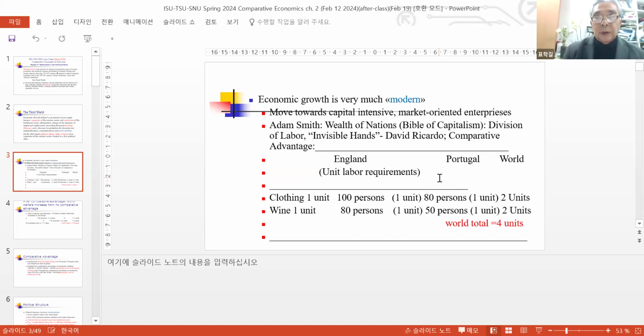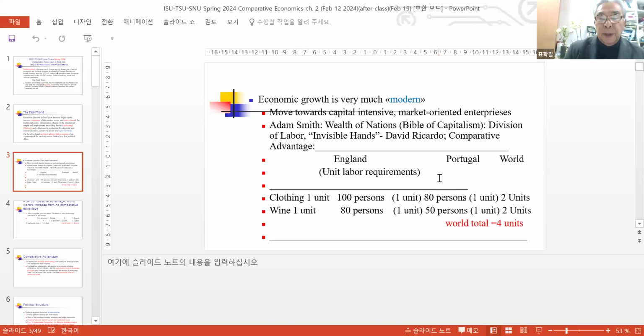So let me repeat the division of labor and comparative advantage concept spelled out by David Ricardo as an exercise. Of course, we have covered this concept with a different numerical example, but the new numerical example I put in here will give you another opportunity to exercise.